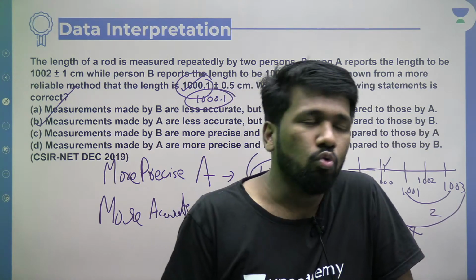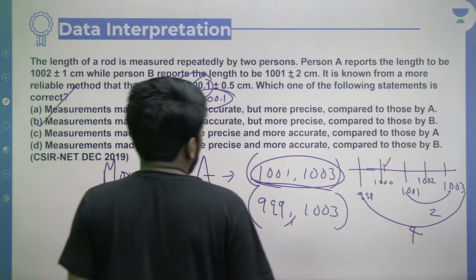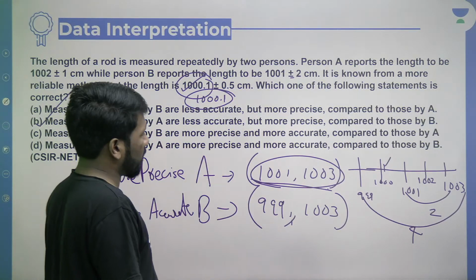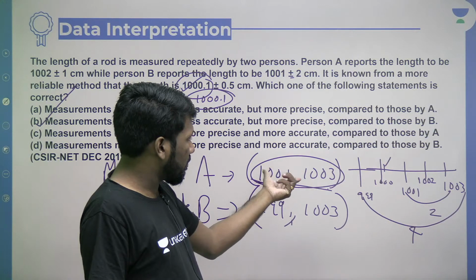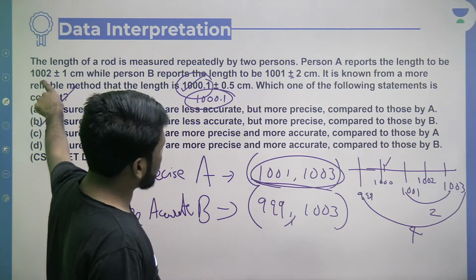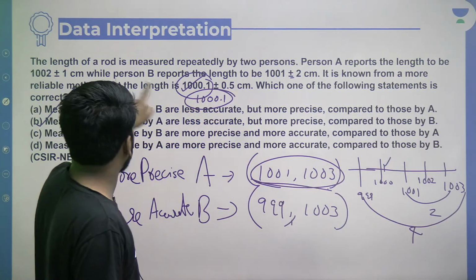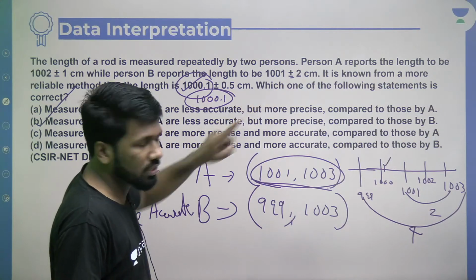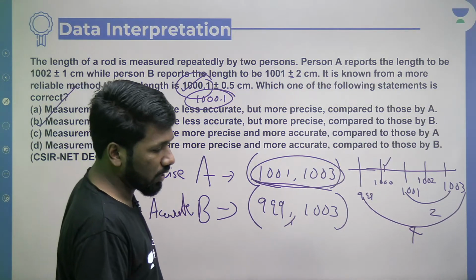How far away from the exact answer is what accuracy means. A is much farther away from the exact value. A says 1002, which is much farther from 1000.1 compared to 1001, which is closer. That way also you can interpret.